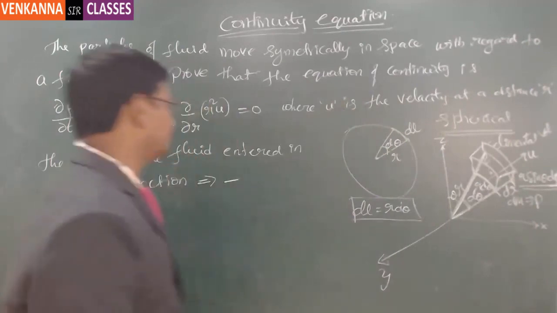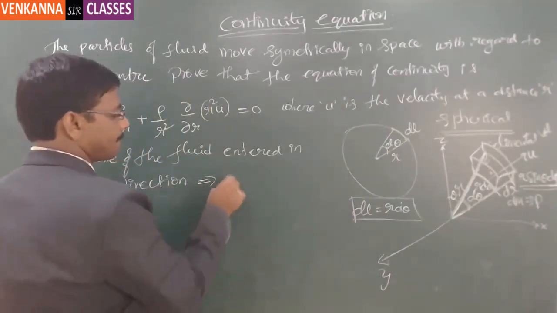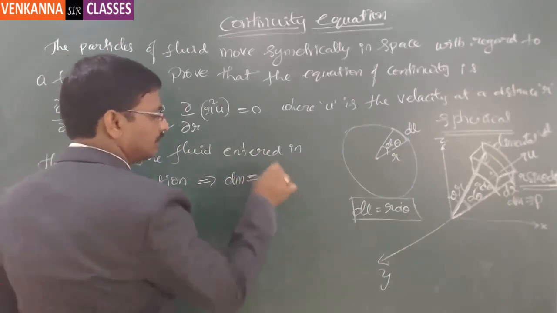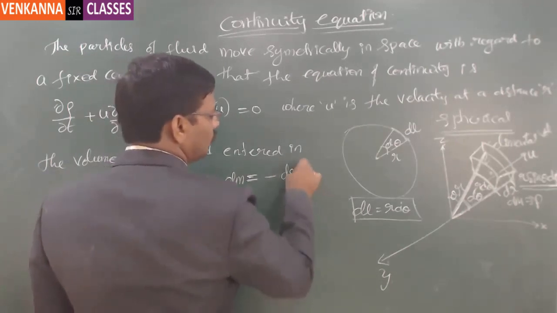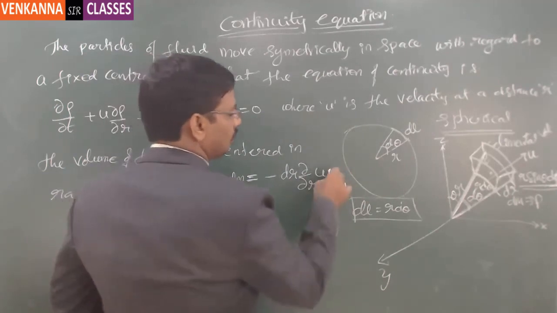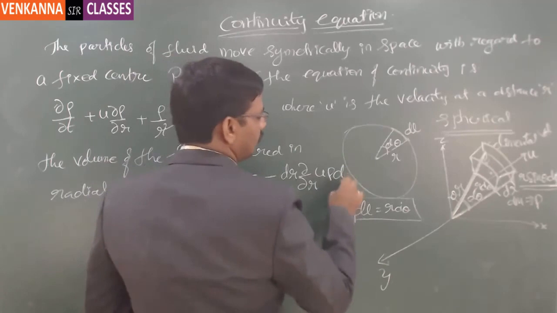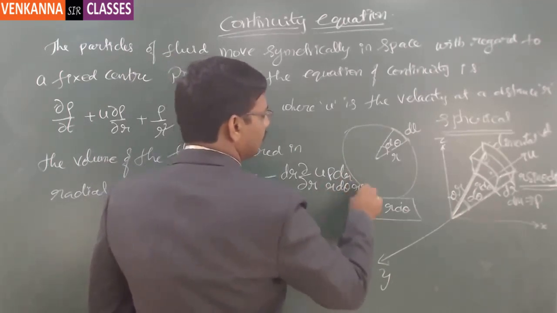So dm is equal to minus dr into dou by dou r of u into volume, so rho into dr into r d theta into r sin theta d phi.